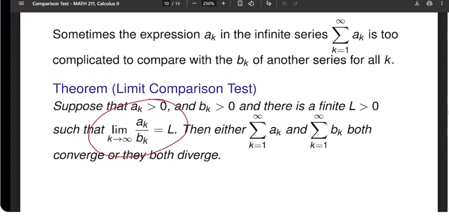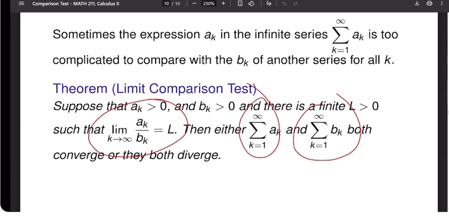When the result gives a positive finite number, meaning greater than zero but less than infinity, then you know what my conclusion is going to be by the limit comparison test: the two either both converge or both diverge.